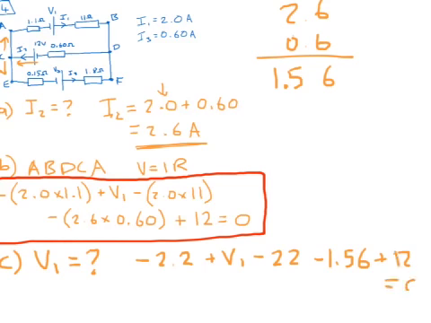equals 0. So coming back to the equation again, we want V1 by itself, which equals, putting it all on the right hand side, 2.2 plus 22 plus 1.56 minus 12.